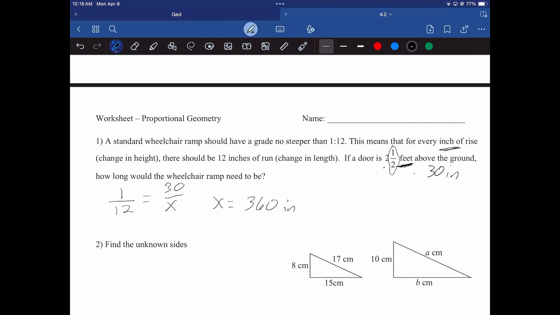And the question is, how long would it need to be? So we could divide that by 12, and what would we get? 3 feet? 30 feet? Yeah, we'd get 30 feet. I feel like I've run in a circle there. Makes my brain hurt.